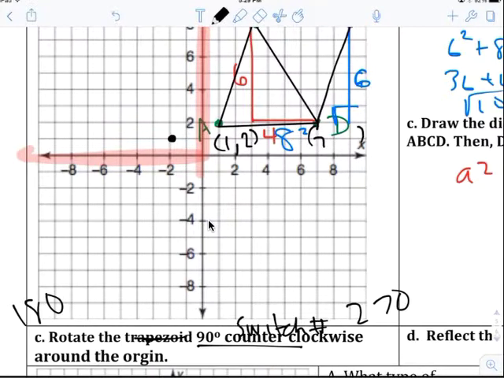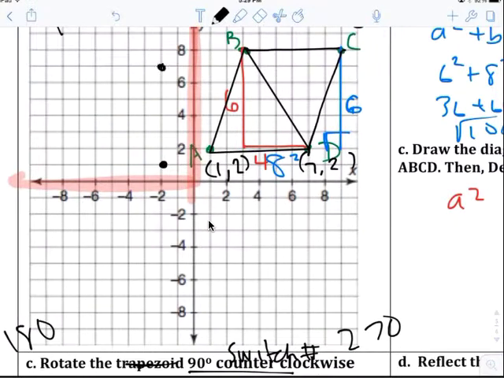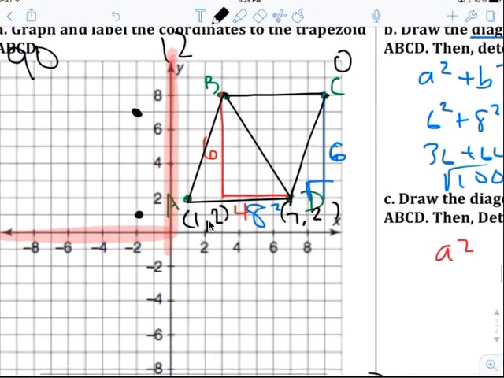This is 7, 2, so 2, 7. And this is 9, 8, so 8, 9. And this is 3, 8, so 8, 3.